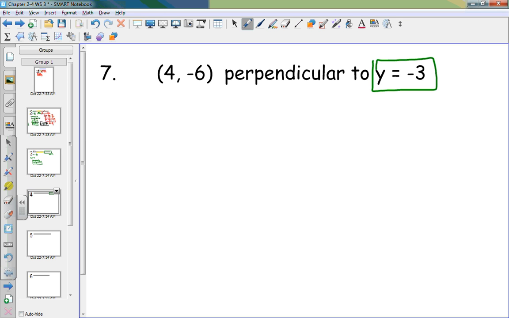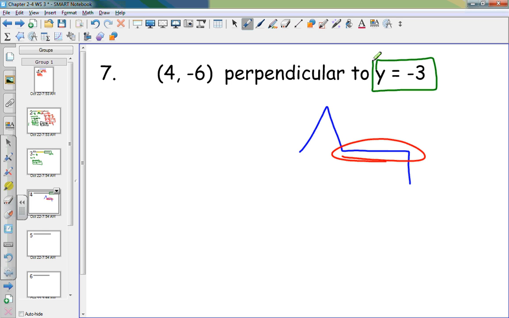That is what? No. Negative 3 is not the slope. Is there any x in this equation? No. B is negative 3. But more importantly, I need your brain to think of the slope picture. Okay? And where is this going to be at? It's going to be right here.